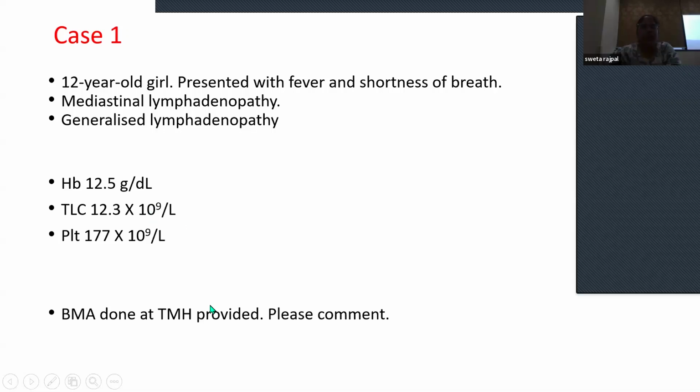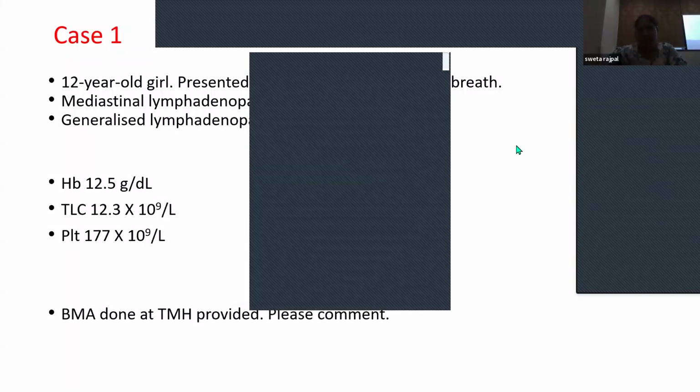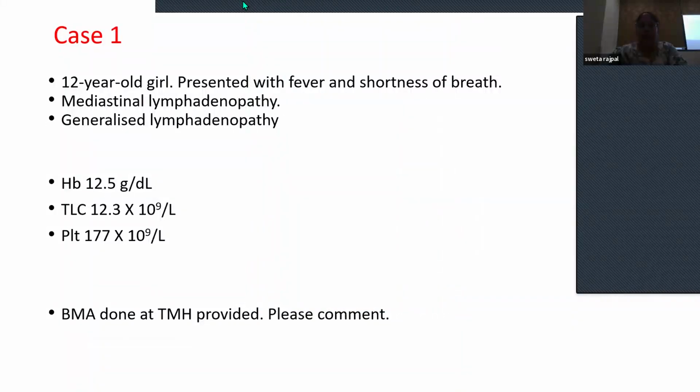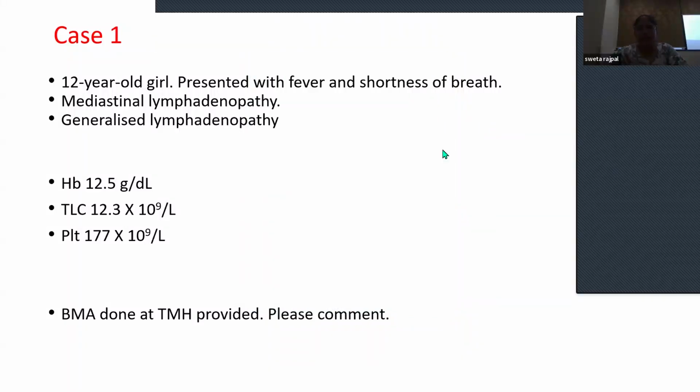If it is a leukemia, what kind of leukemia will we think of? With a mediastinal mass, what leukemia will we think of? Yes, T lymphoblastic leukemia.